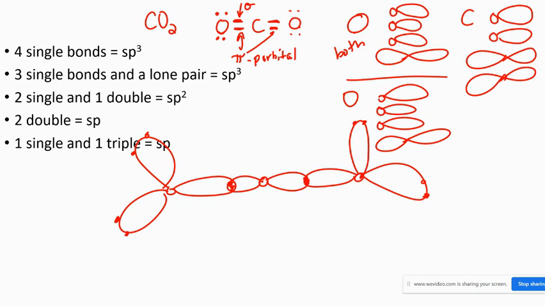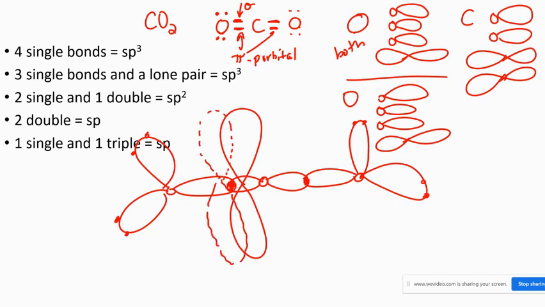My p orbitals. Okay, so I'm going to have a p orbital here from the carbon. And remember, these are side to side, not end to end. Sigmas are end to end, pi's are side to side. So this is the p orbital for that oxygen.